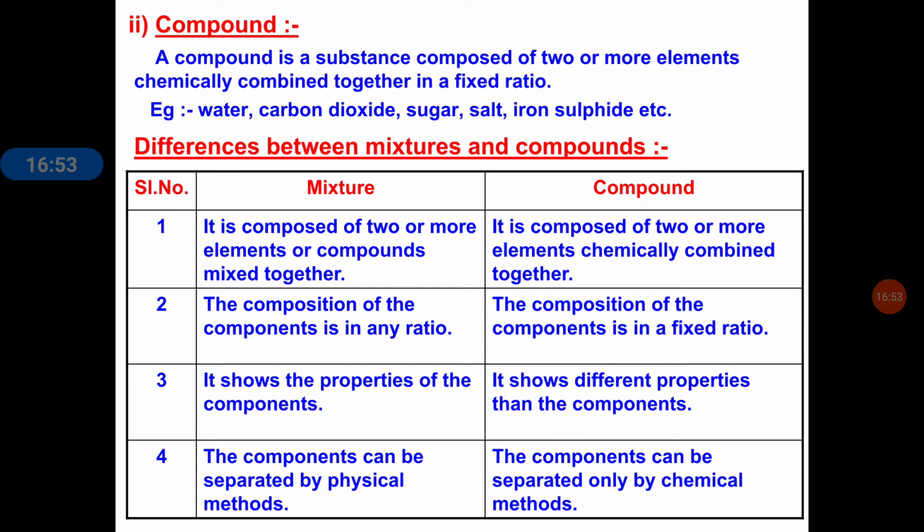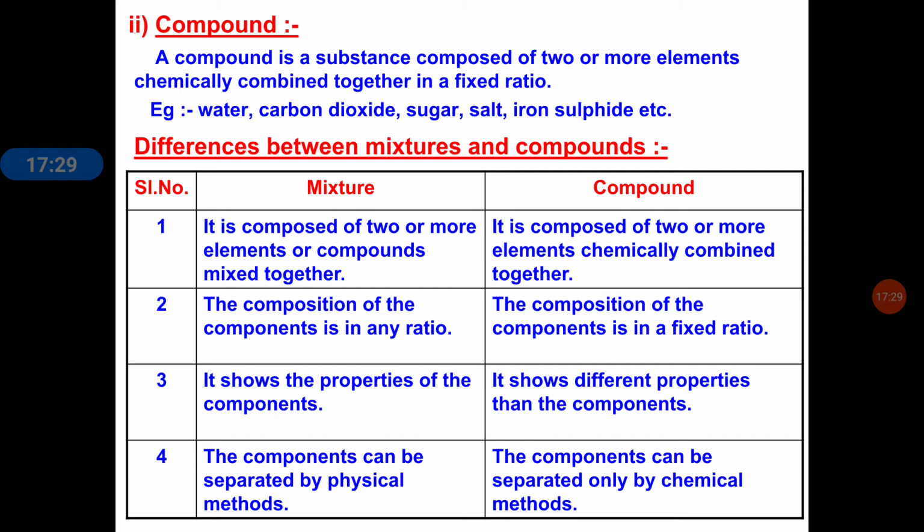A compound is composed of two or more elements combined together. In a mixture they are simply mixed, and in a compound they are chemically combined. Just now I told you the example of H2O, in which hydrogen and oxygen are combined together.